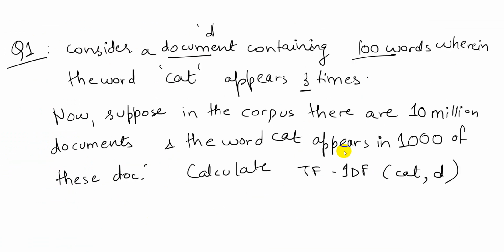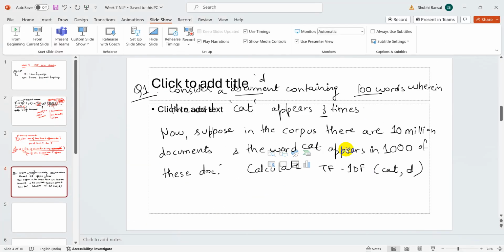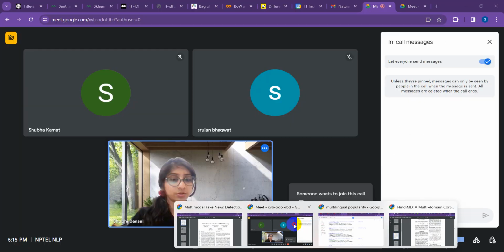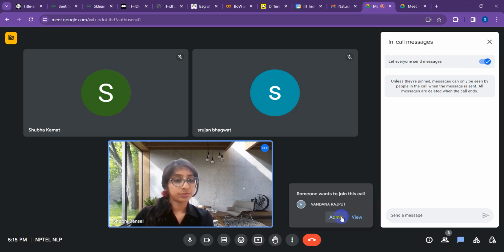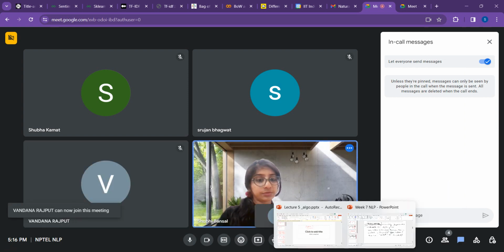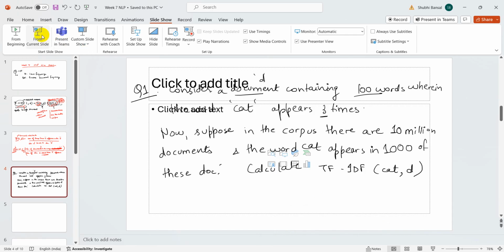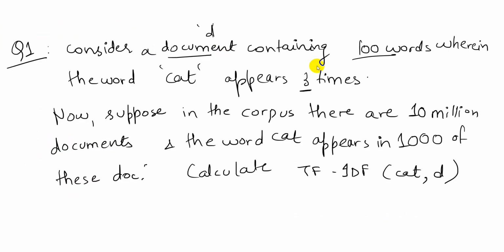Okay, please solve. We'll discuss in 2 to 3 minutes. And then we'll also cover the bag of words approach and TF-IDF, what is the difference, and how you can do the coding for these concepts.